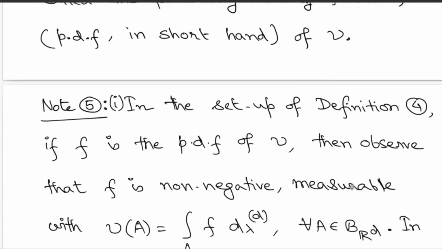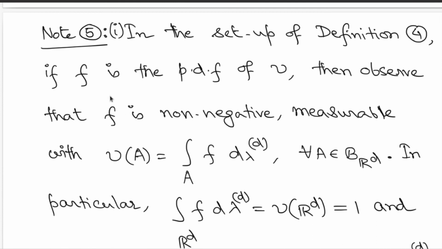Alright, so in this setup, if you get some function small f as the PDF of this probability measure nu, then observe that this function small f is non-negative and measurable. That is part of the statement in the Radon-Nikodym theorem.